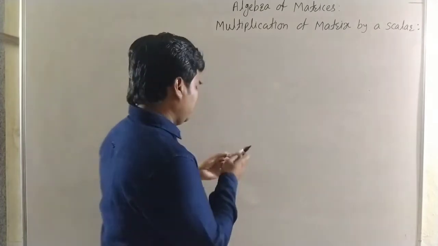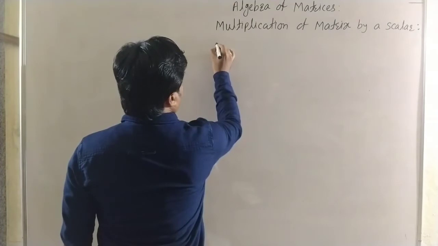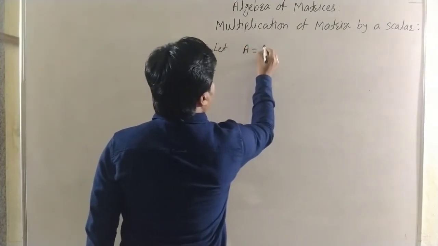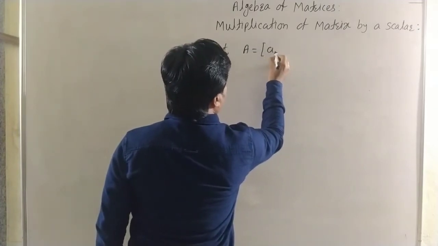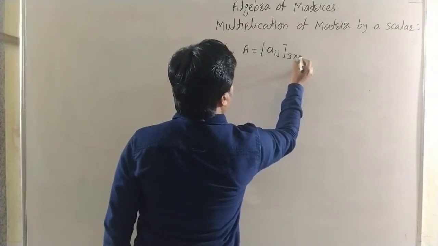Here, see carefully. Let A be a 3 by 3 matrix, Aij.